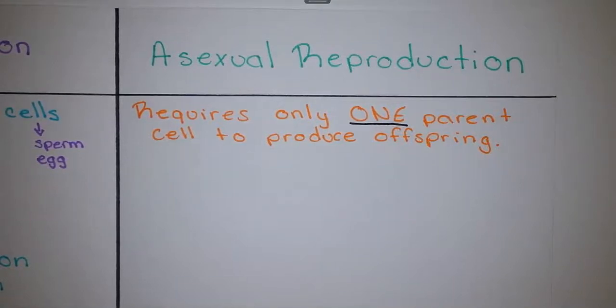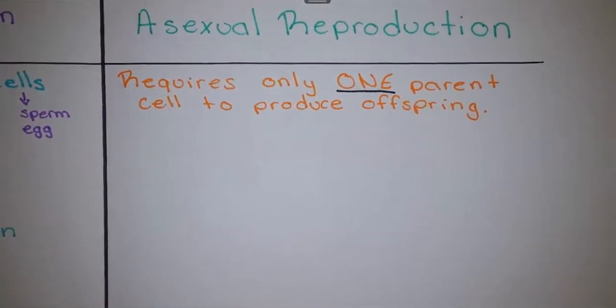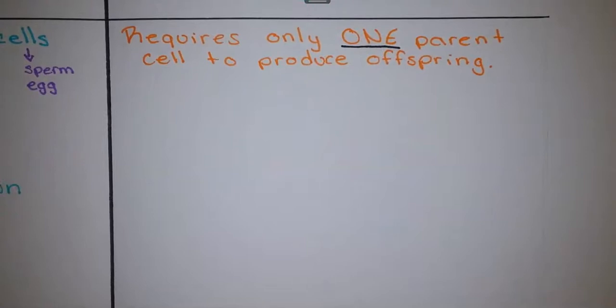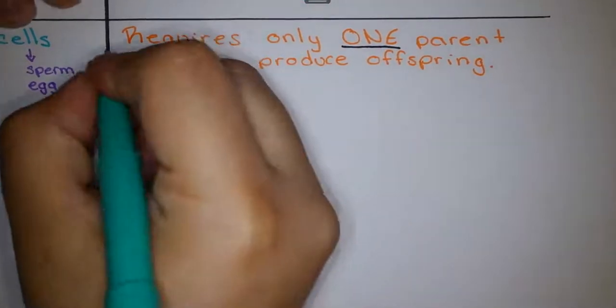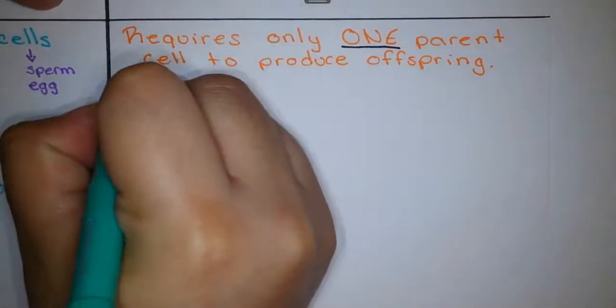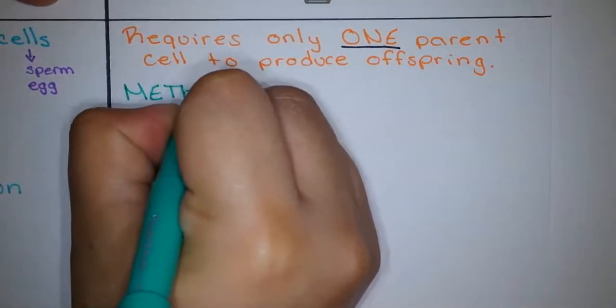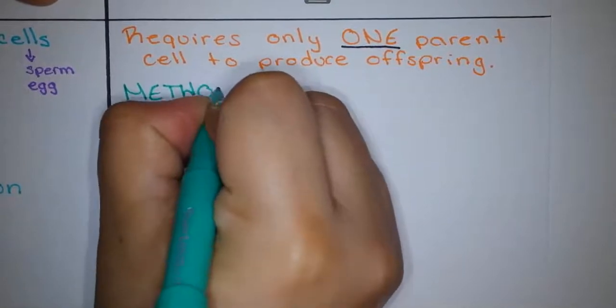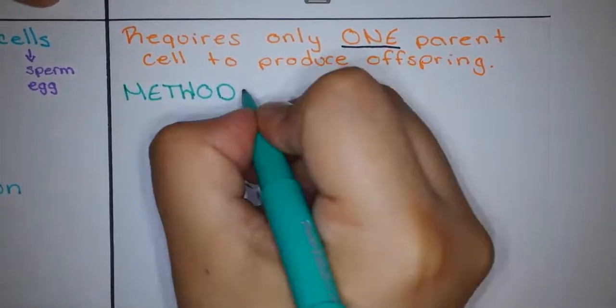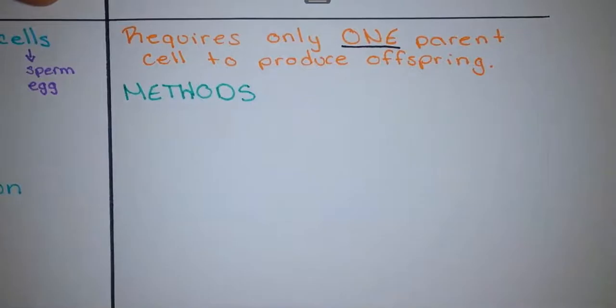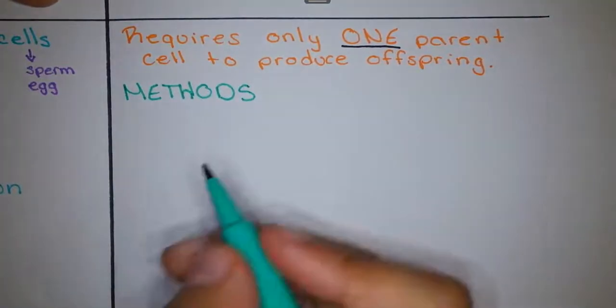So what is the method for asexual reproduction? I'm just going to move that up a little bit. Well, there are actually 2 methods for asexual reproduction.